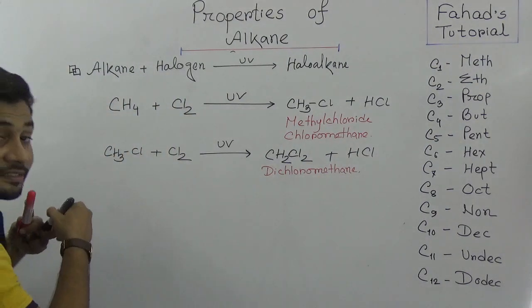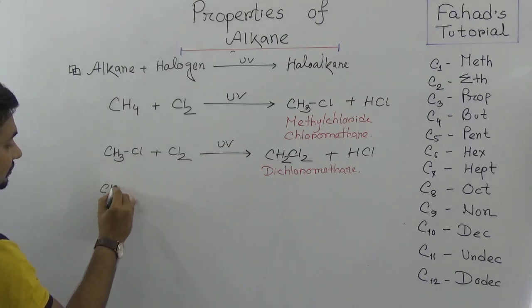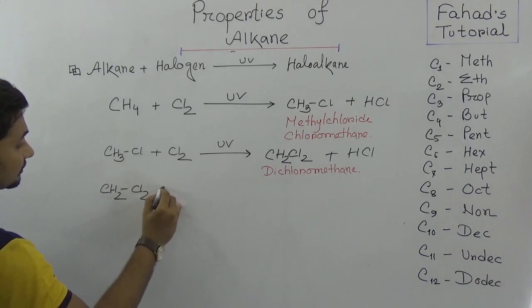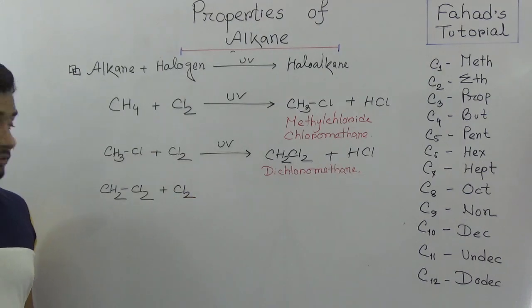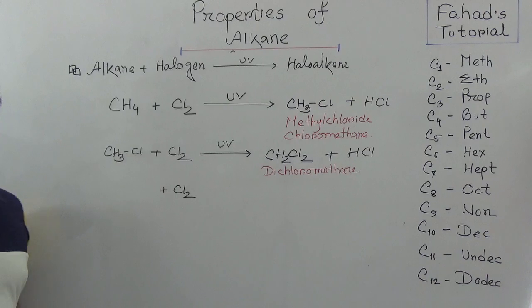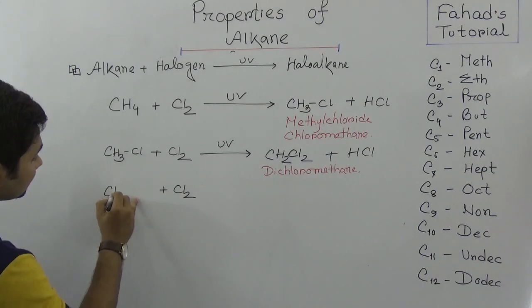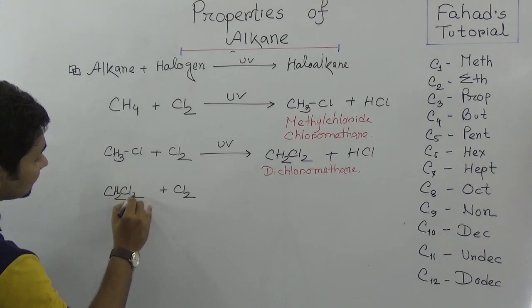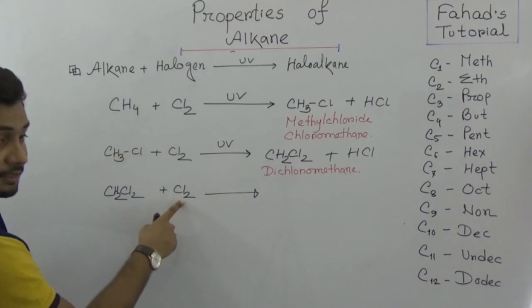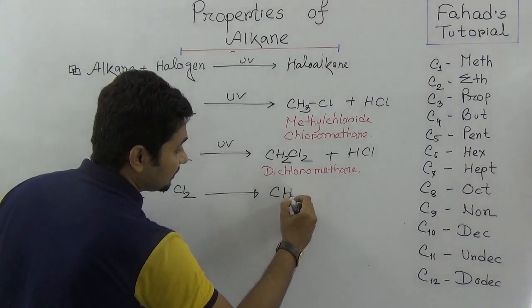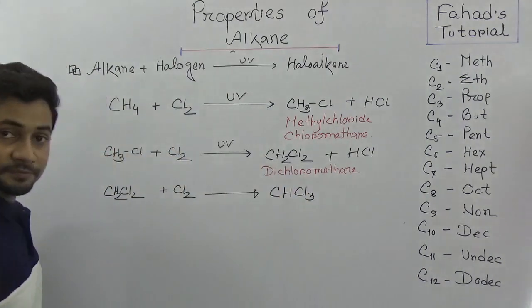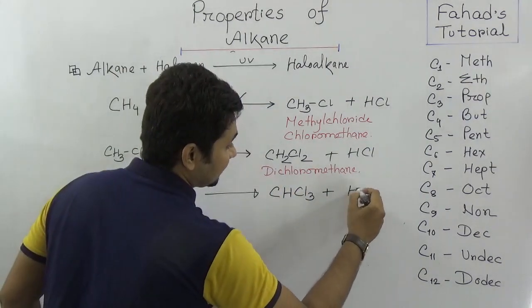Now you see the third phase, CH2Cl2 is again reacting with Cl2. Actually there should not be any hyphen between these compounds. It should be CH2Cl2 plus Cl2. Again 1 chlorine will substitute 1 hydrogen. Now it will form CHCl3 plus HCl.